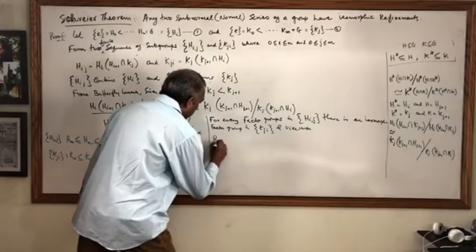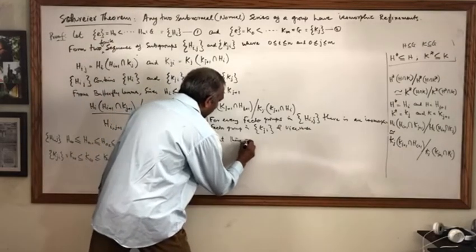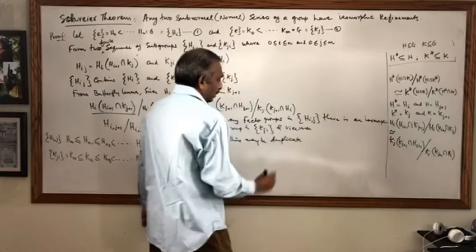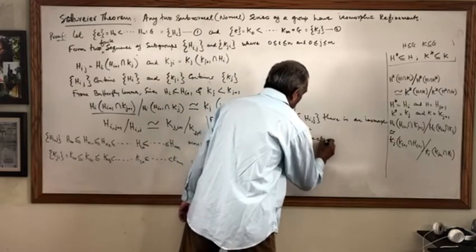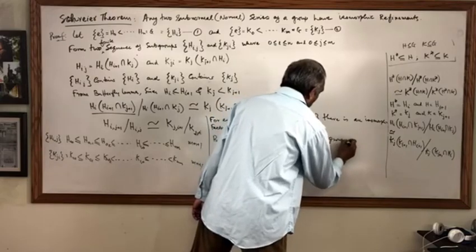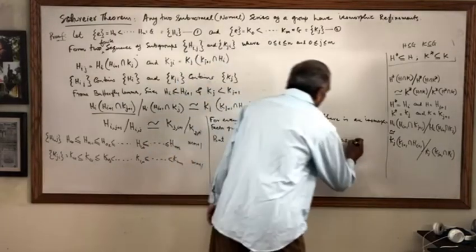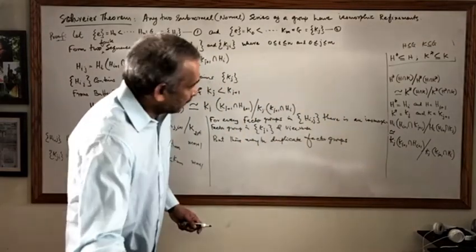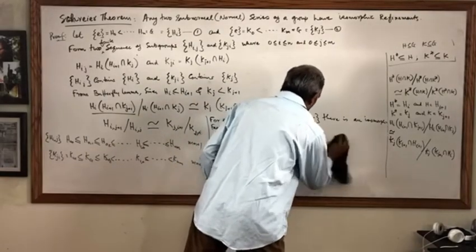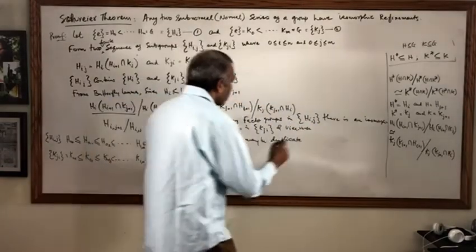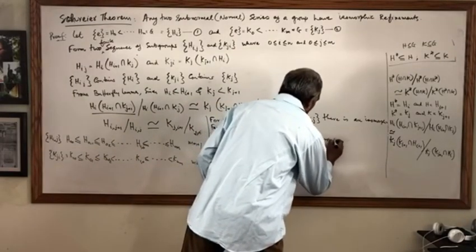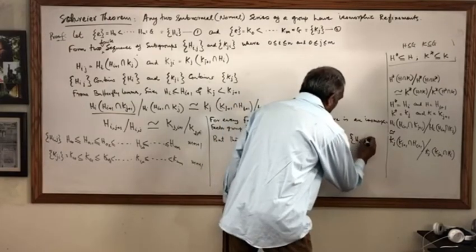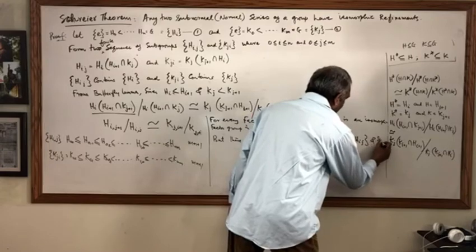But there may be duplicate factor groups, or duplicate subgroups in Hij and Kji.